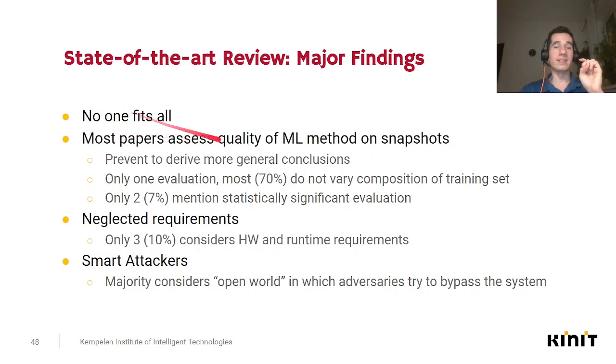Most papers assess the quality of machine learning models on snapshots, so only one evaluation, or do not vary the composition of the training set. So statistically validated results are not very common. They often neglect requirements, so only 10% consider hardware and runtime. But the majority, as I said, considered smart attackers.